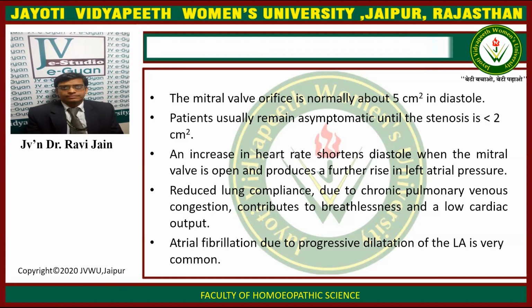Reduced lung compliance due to chronic pulmonary venous congestion contributes to the breathlessness and a low cardiac output. Atrial fibrillation, due to progressive dilatation of the left atrium, is very common.